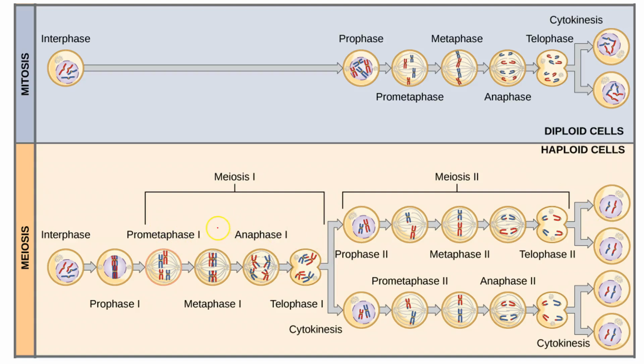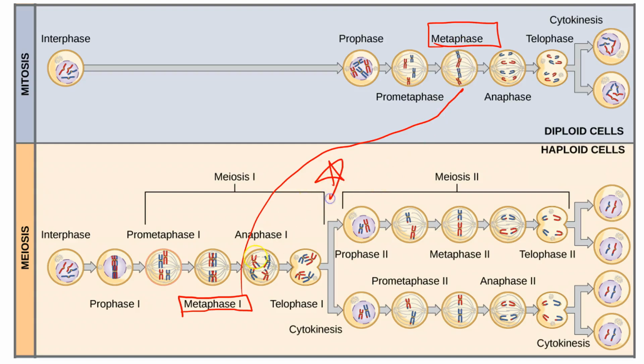In metaphase 1, if you compare that to metaphase of mitosis, you can see that in metaphase of mitosis, the homologous chromosomes all line up in a single line. Okay? Well, a key difference in meiosis is that in metaphase 1 of meiosis 1, they don't line up in a single line, but rather line up side by side, the homologous chromosomes.